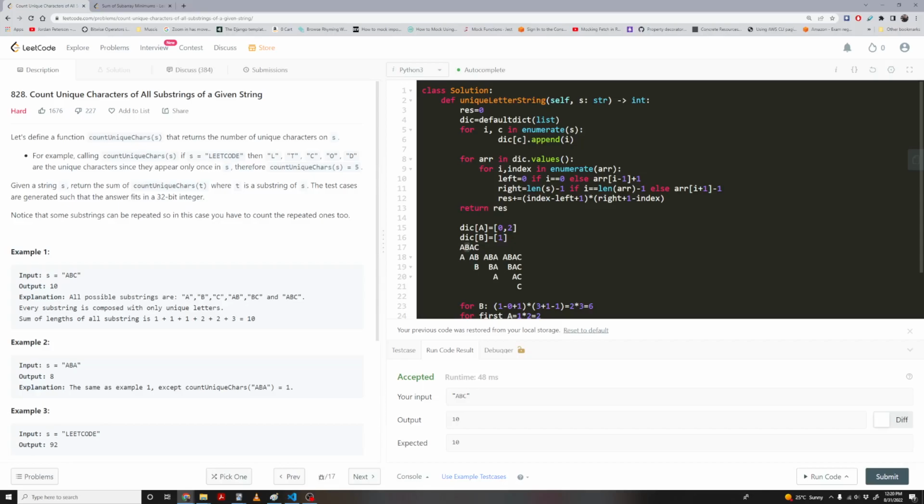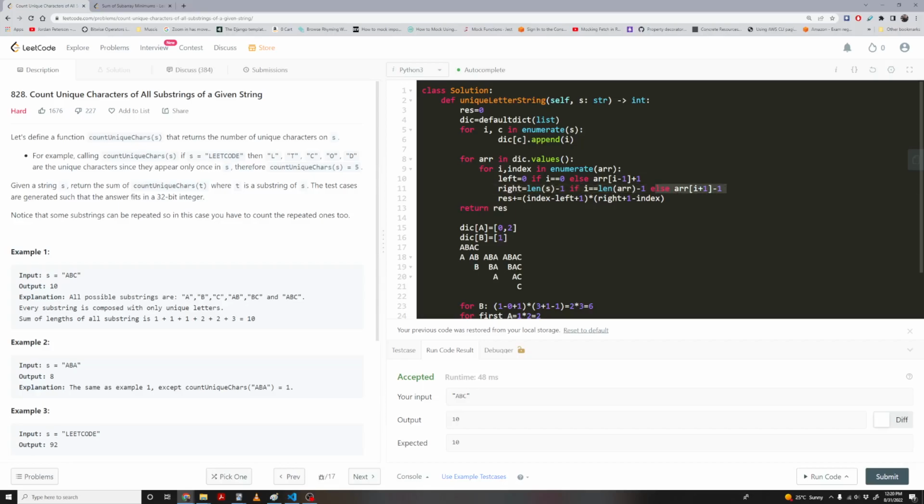We are going to do the same thing for the right. If it's the last element of the array, then it should be the length of the array minus 1, because we don't want to index out. So in this case, for b, right is going to be 1 again.